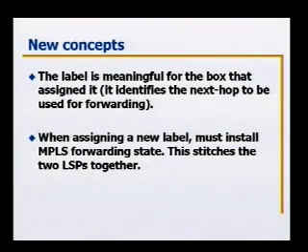And what I mean is, I allocate label 2001 at PE2. That means I need to stitch this 2001 label to the forwarding state that I had for ASBR1.